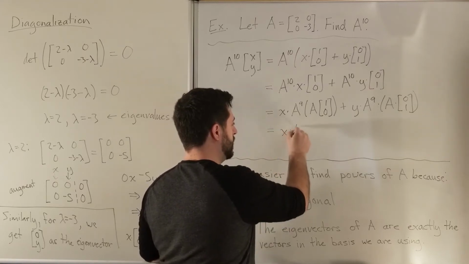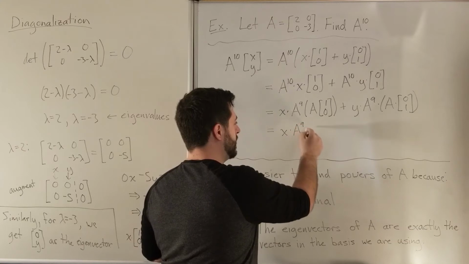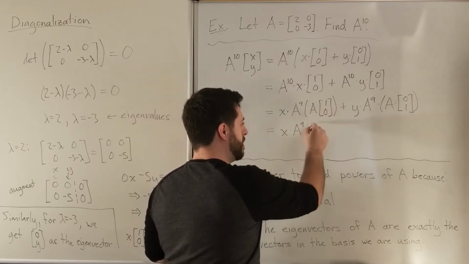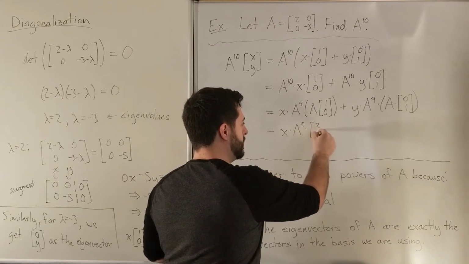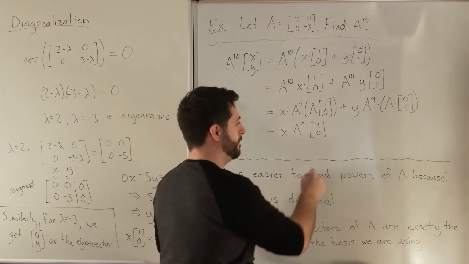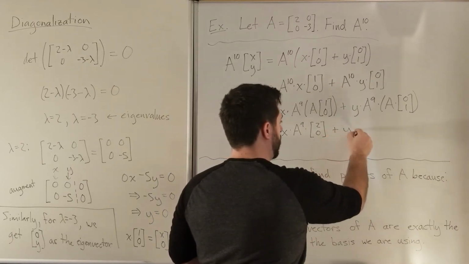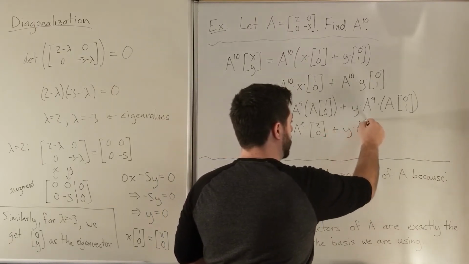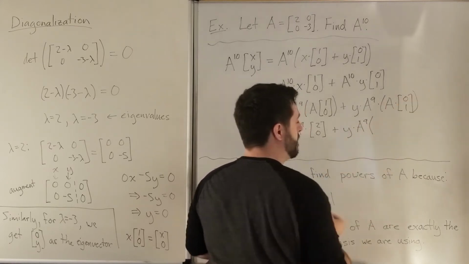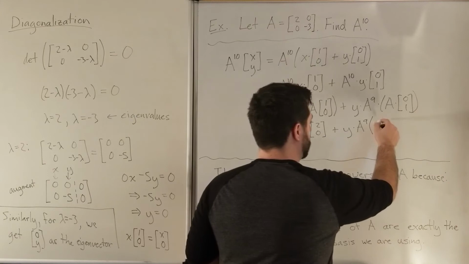So I get x times a to the 9th, and then A times (1, 0) is just doubling this vector, (1, 0). It turns it into (2, 0). Here we get y times A to the 9th, and then A times (0, 1) is the same thing as negative 3 times (0, 1).